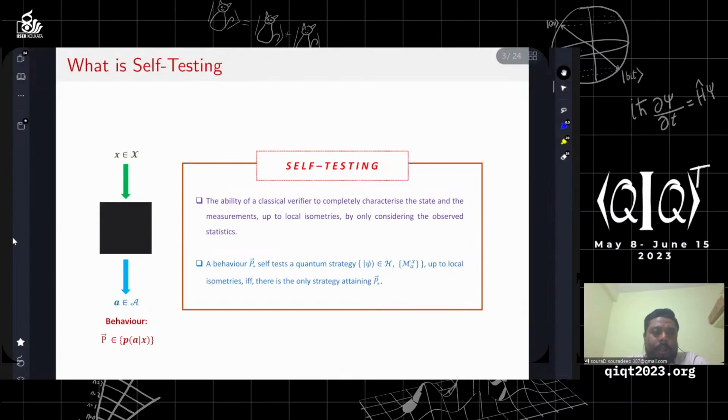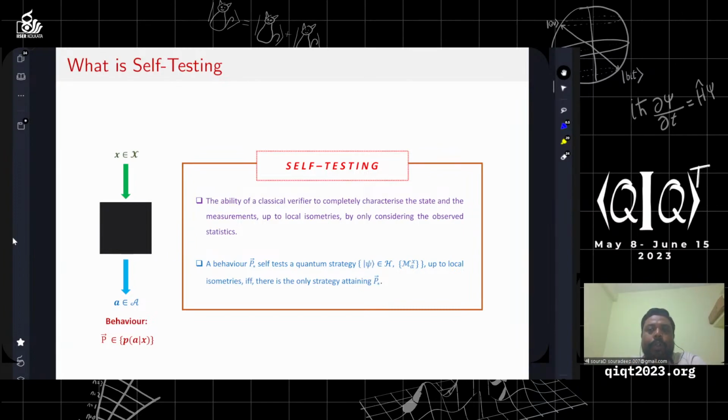So what is self-testing? Let's say I have a black box. Black box means I don't know the inner working of the device, or the user may not know it. But what I can do is press some button on an input switch, and let's say there is a light bulb attached to it. Whenever I press a button, a light bulb will glow.